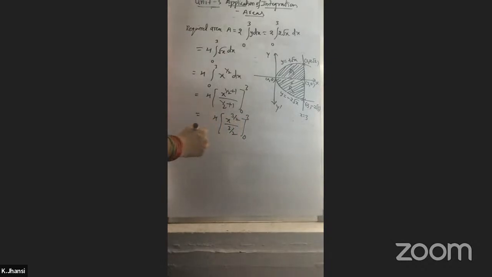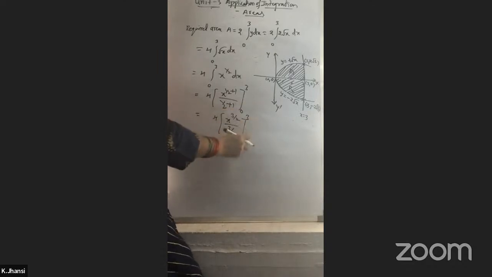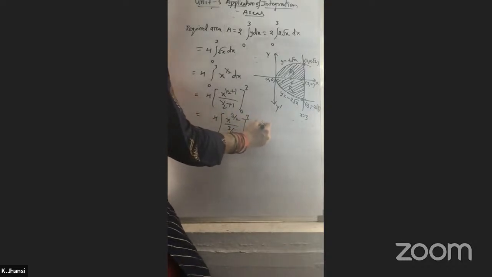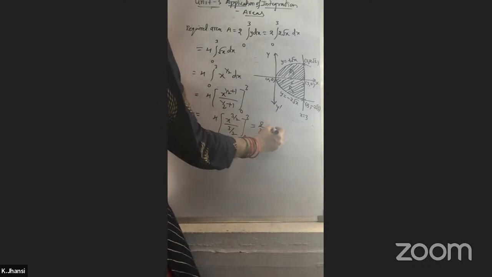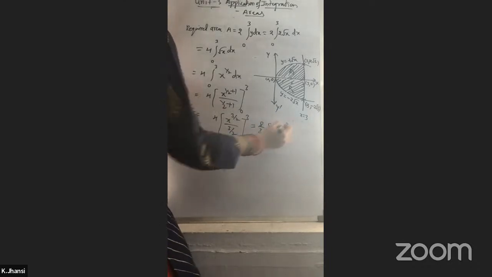So we just use 3 by 2 here. When you apply the limits, upper limit minus lower limit. Before that, whatever in the denominator is there, you take it to the numerator, you will get 8 by 3. Okay. So x to the power of 3 by 2, 0 to 3.